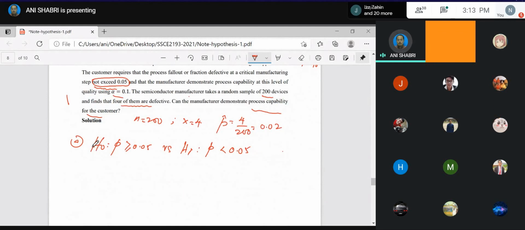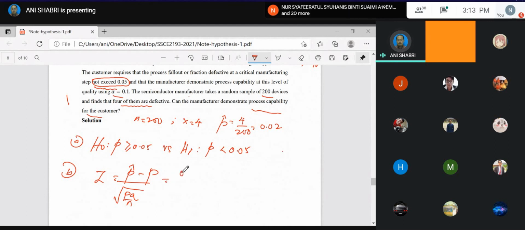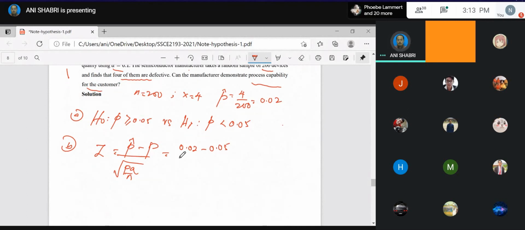Okay, the formula: Z is equal to P hat minus P, divided by the square root of PQ divided by N. From here, P hat is 0.02, P is 0.05, divide by the square root of 0.05 times 0.95, divided by N, which is 200.